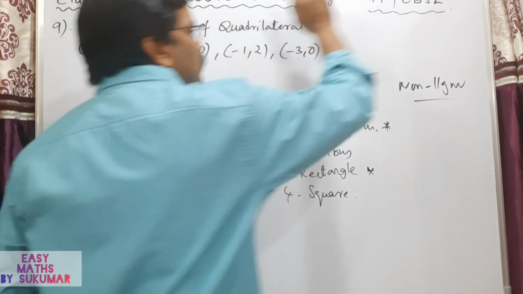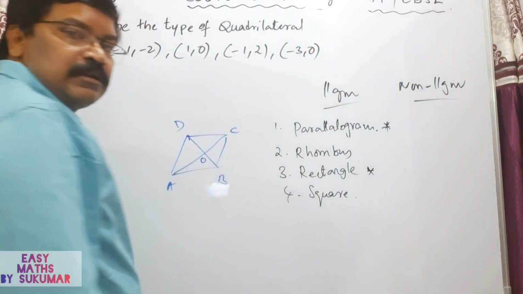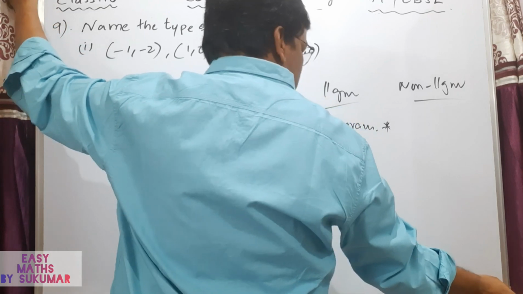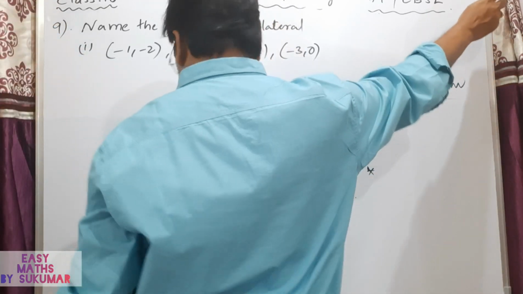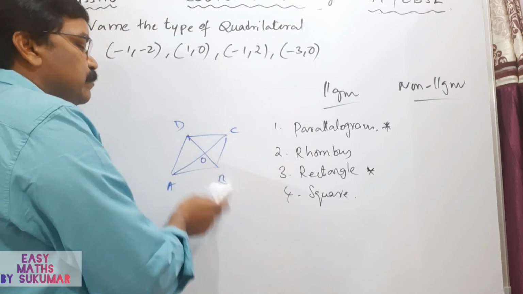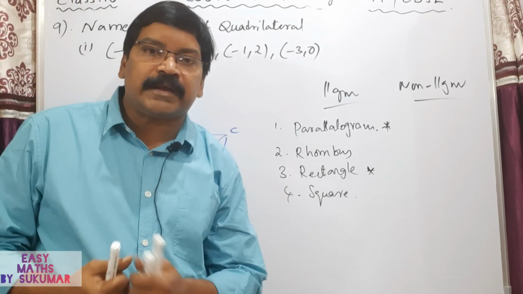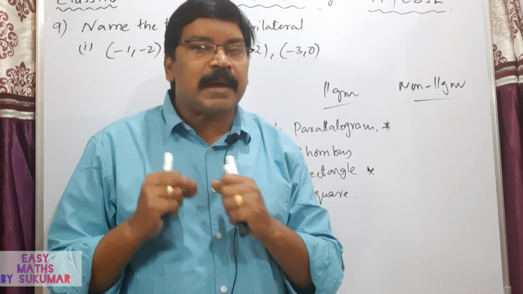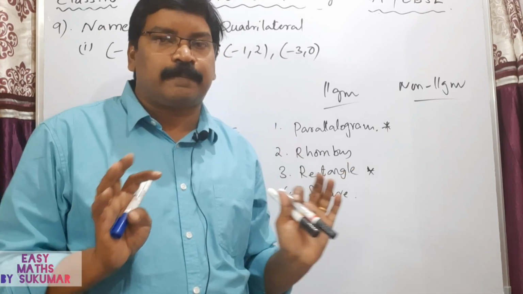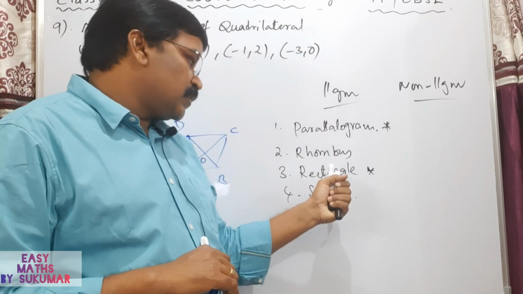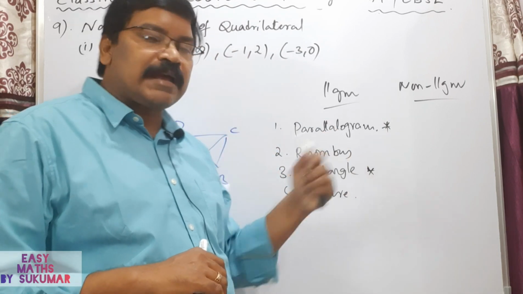Since our whiteboard is a rectangle, see, these diagonals AC and BD are equal. But coming to the parallelogram, the diagonals bisect each other; they are not equal. The diagonals are equal in a rectangle.